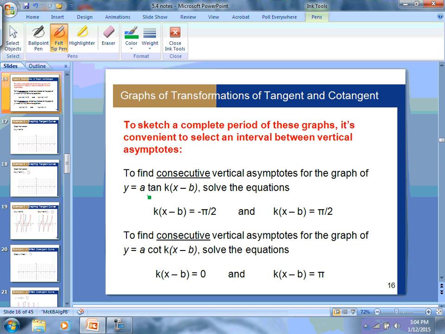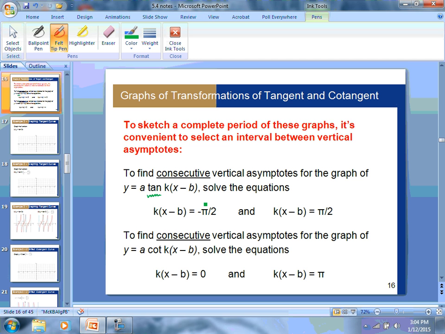For a tangent graph, remember, tangent has vertical asymptotes at pi over 2 and at 3 pi over 2, or negative pi over 2, because that's where the function doesn't exist.